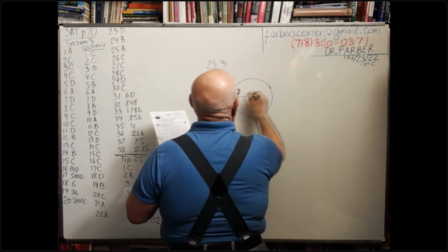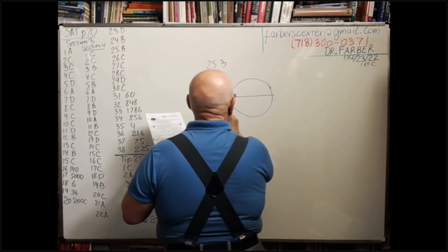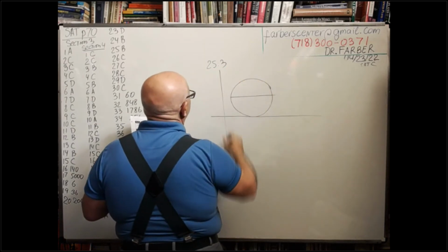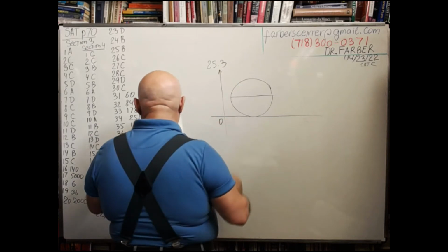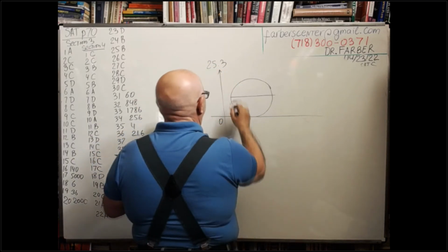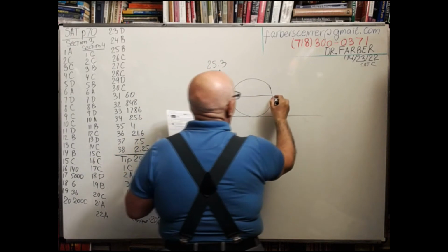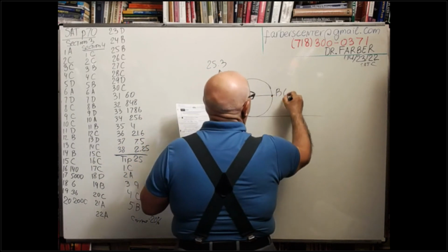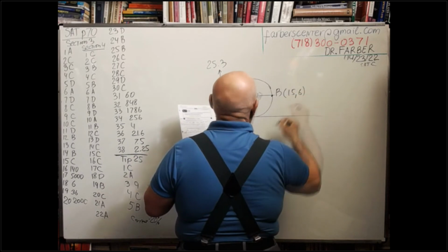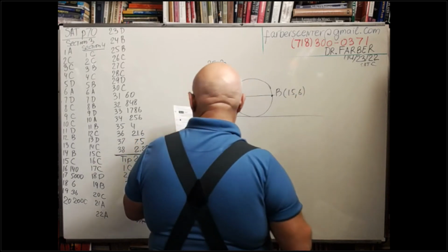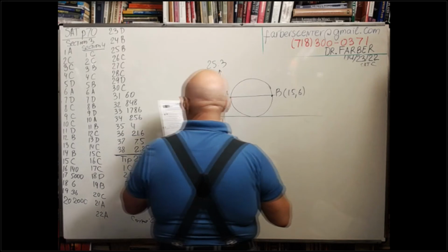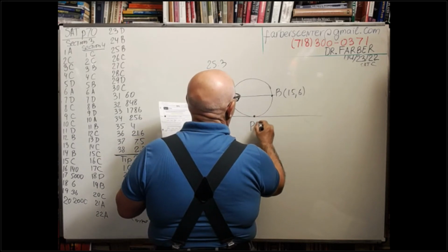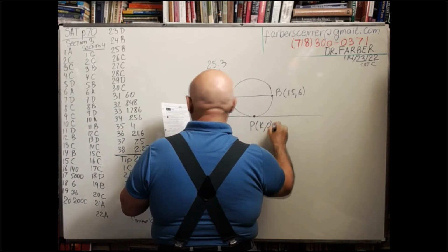And this is the diameter. And this is the Cartesian coordinate. And we have points A, B. B has coordinate 15, 6. And P has coordinate K, 0.